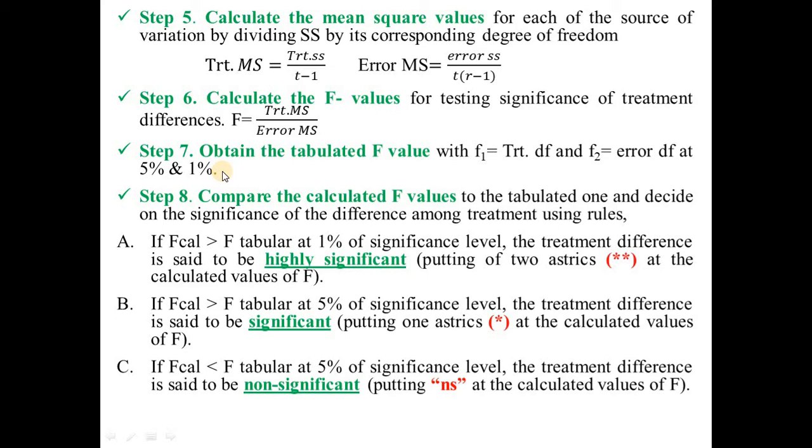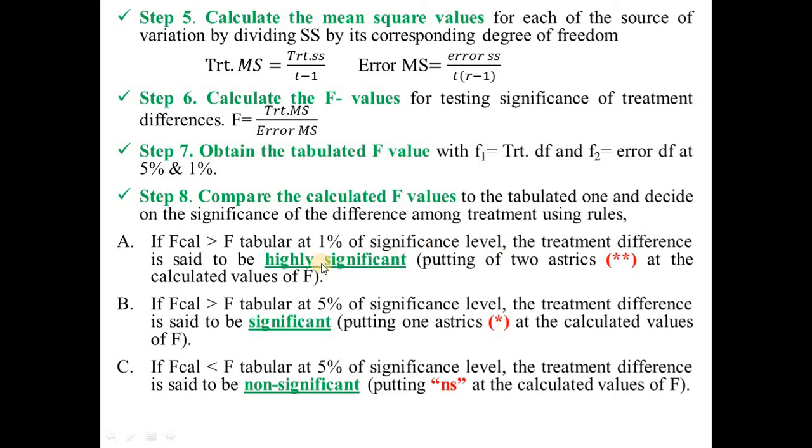And then the next step is comparing the calculated value with the tabular value, and deciding on the significance of the difference among the treatments using the rules. The first is rule A: if the F calculated value is greater than the tabular F value at the 1% significance level, the treatment difference is termed highly significant.